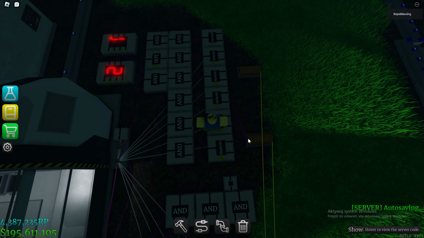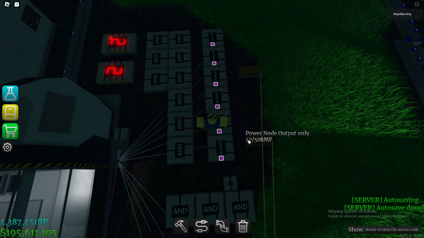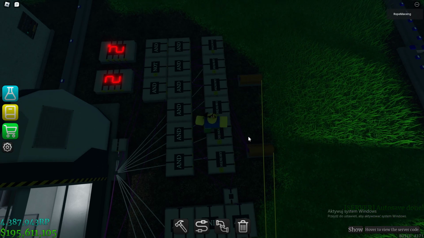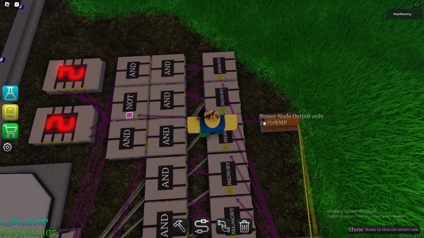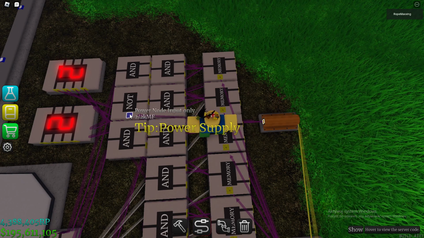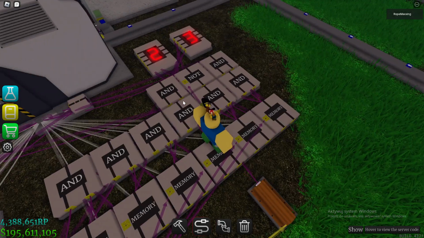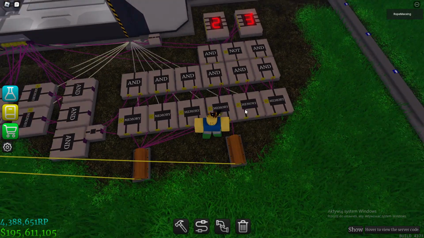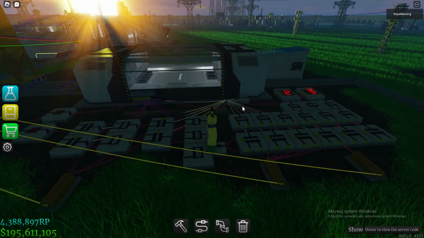Then connect this resistor into 6 memory segments, into these 6 power cells of the memories, and then connect this resistor into the power segment of this NOT gate right here. And after all of that, you are finished.